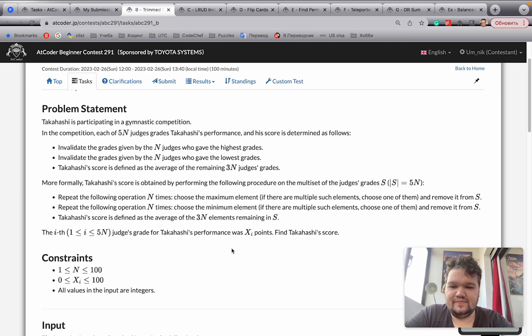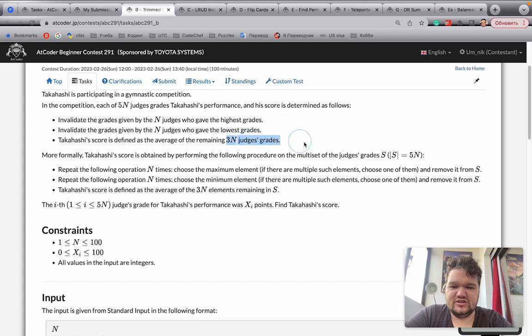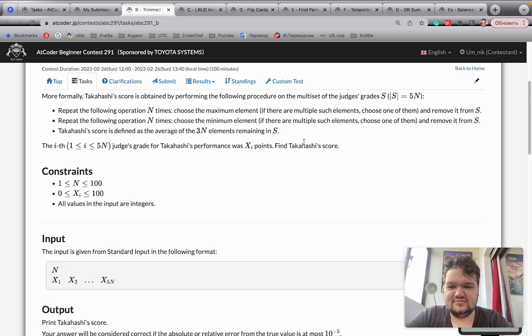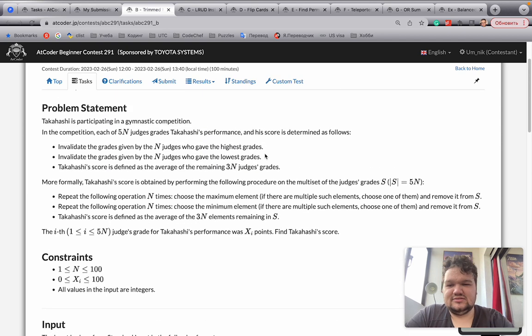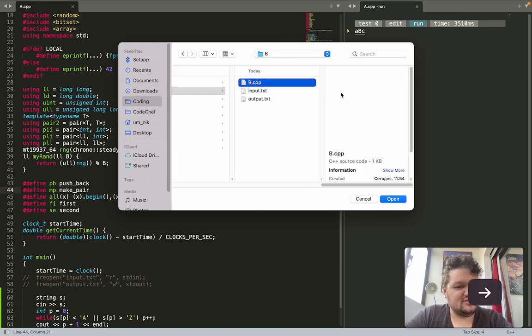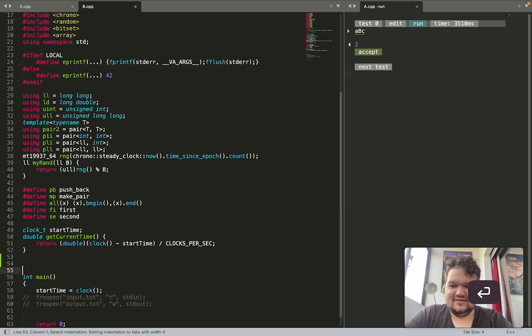Problem B. We have 5n judges. We should ignore the n highest grades and the n lowest grades and calculate the average of the remaining 3n grades. Sure. Yeah, beginner contests are too beginner for my taste.